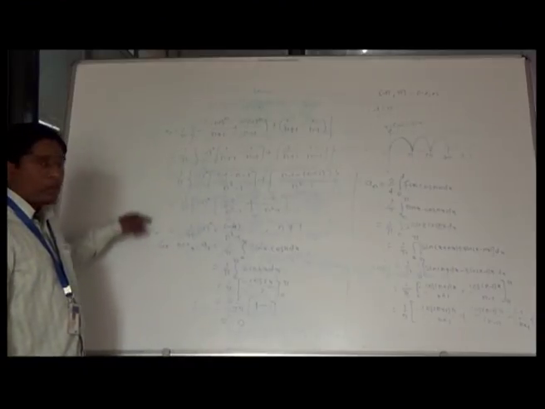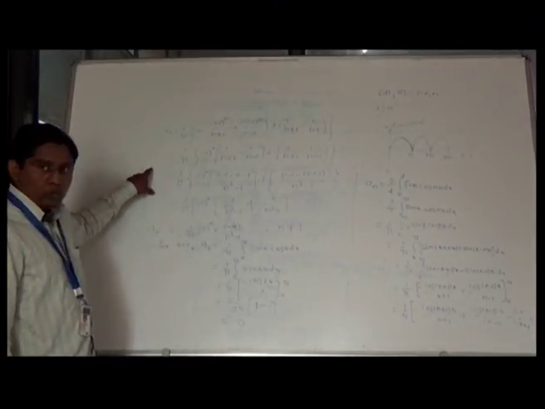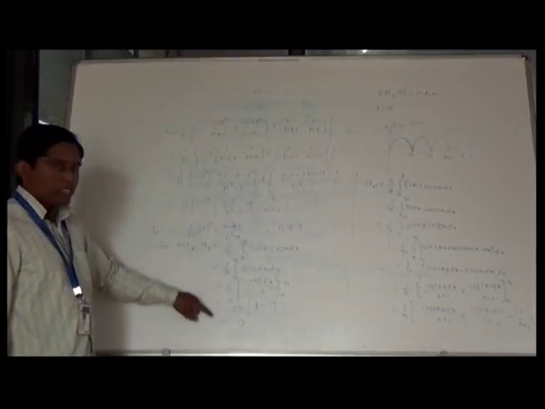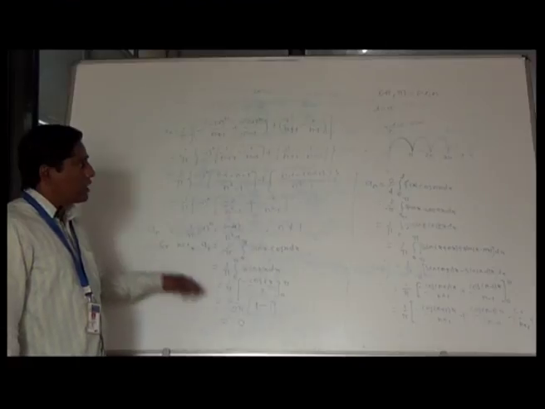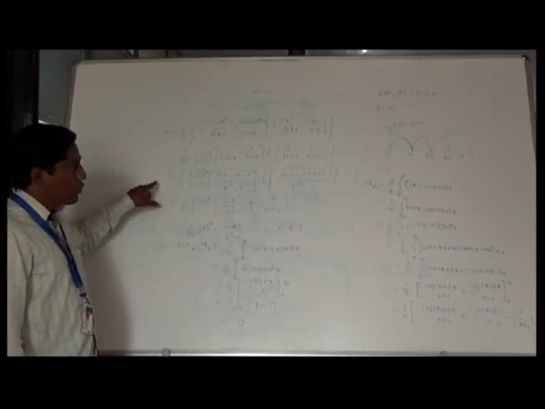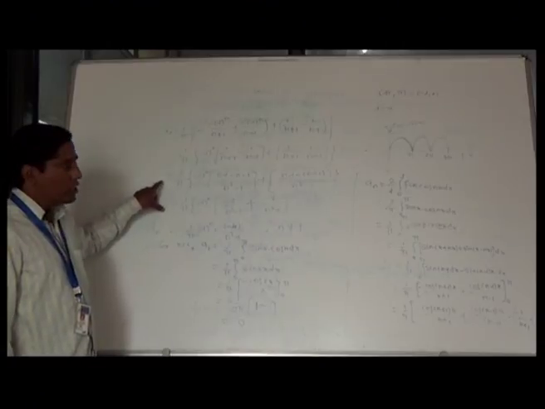In this way we get the value of a0, an and a1. Now substitute a0, an in equation 1, we get the required Fourier series.